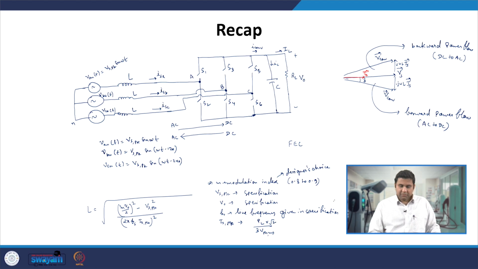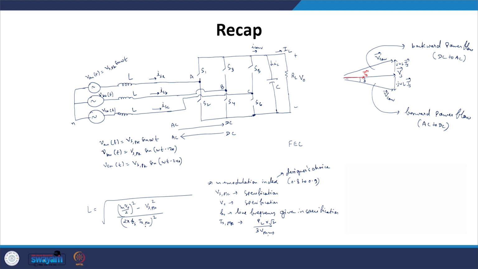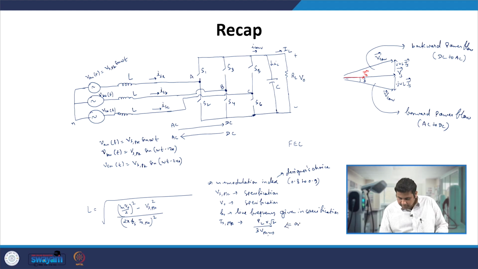When we do that, we will get the IS peak value, and that we can put over here. This is assuming no loss in the power converter.